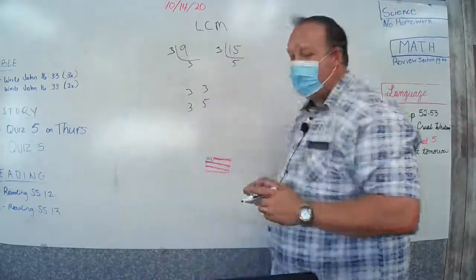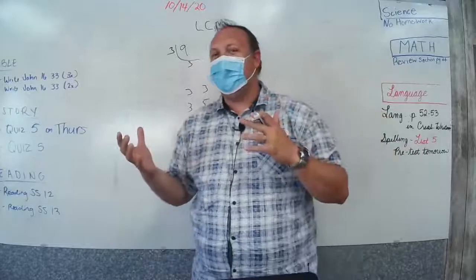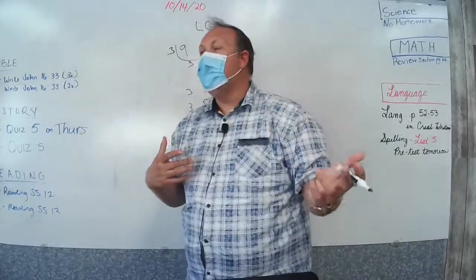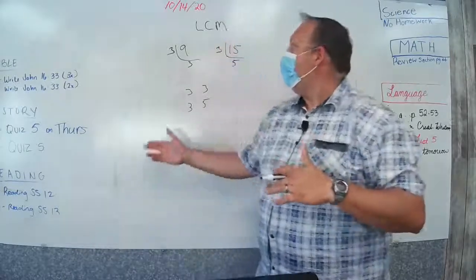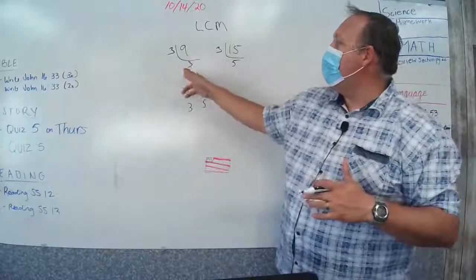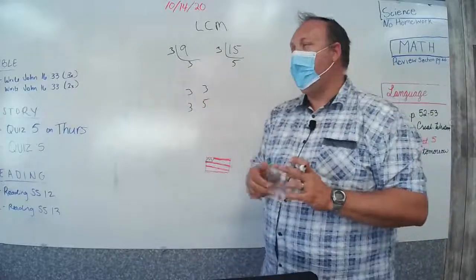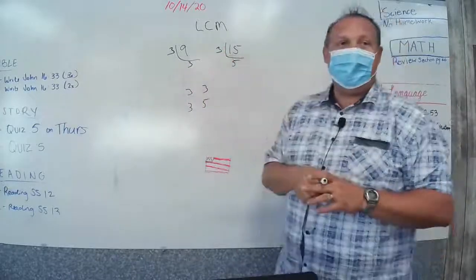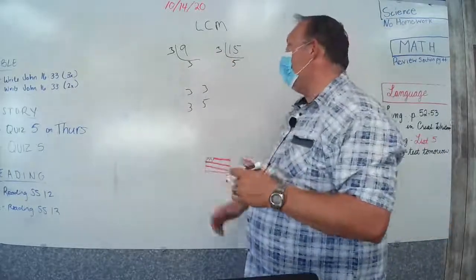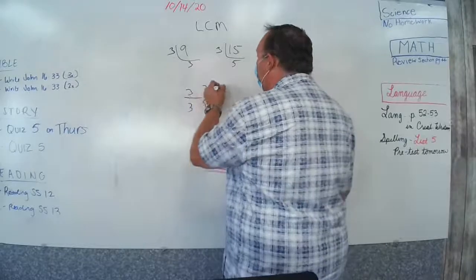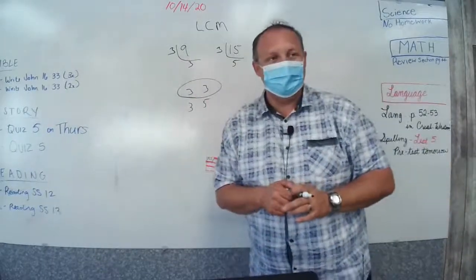Okay? So, now here's where the difference between greatest common factor and least common multiple comes in. Right here in the 9, I use 3 two times, right? I only use 3 one time here, right? So, in order to do this right, I need to use 3 two times.